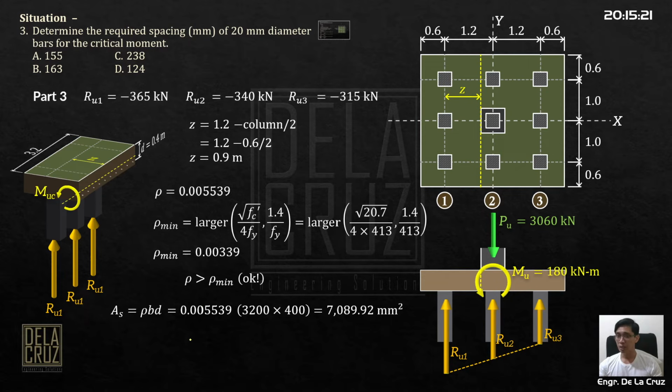So, kunin natin yung required number of bars. Okay? The total area divided by area of 1 bar. We will get 22.57. Of course, round up tayo. Gagamitin natin 23 bars. Now, we will distribute this number of bars. From 23, distribute natin sa part na yan ng concrete.